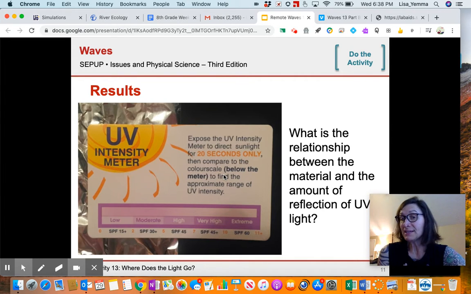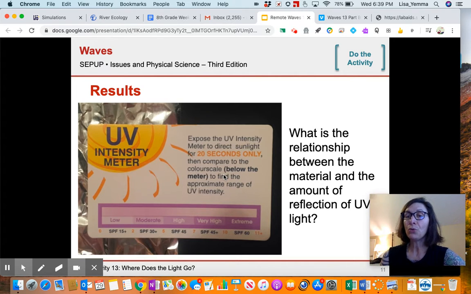The question really is, bringing back our relationships between variables, cause and effect, and patterns in our data: what is the relationship between the material and the amount of reflection of the UV light? What do you notice with the material, and what's your evidence?